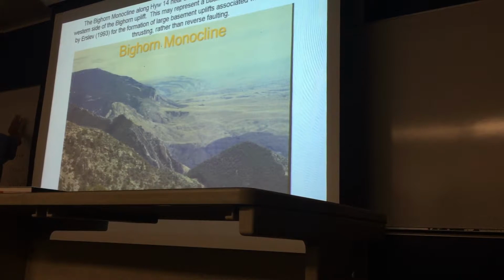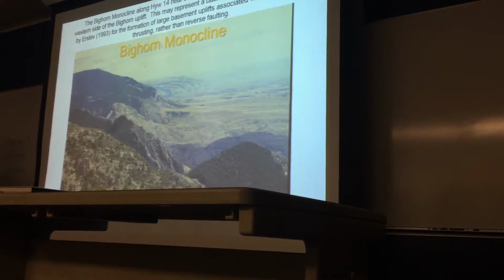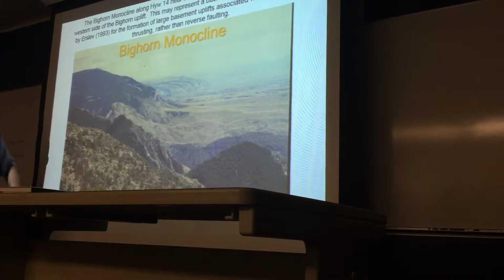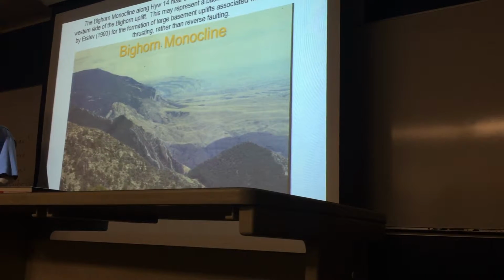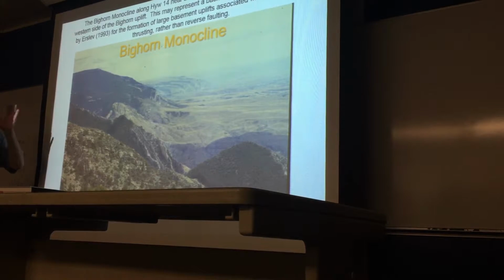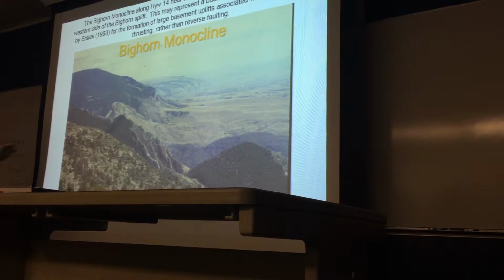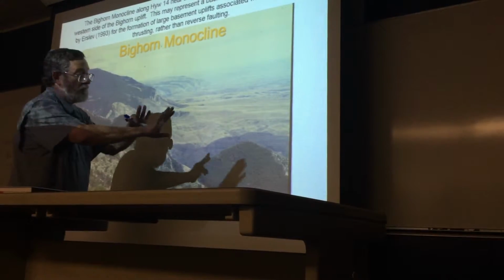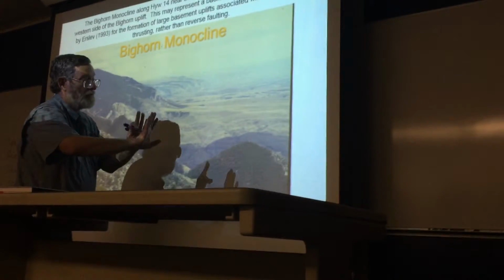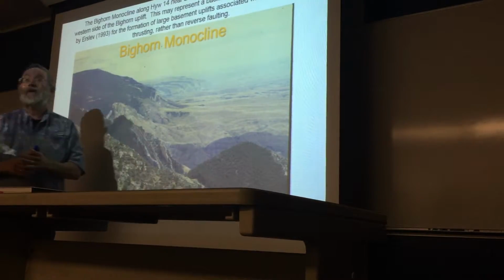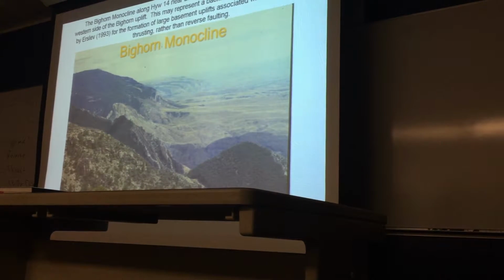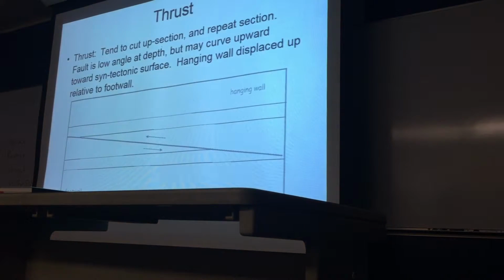And so in this particular case, that fault expresses right there, and we're standing on it where we are to take this particular photograph. And in this area, what happened is that this completely broke free in a thrust and overturned the entire section. And you've seen that image before where those are overturned.